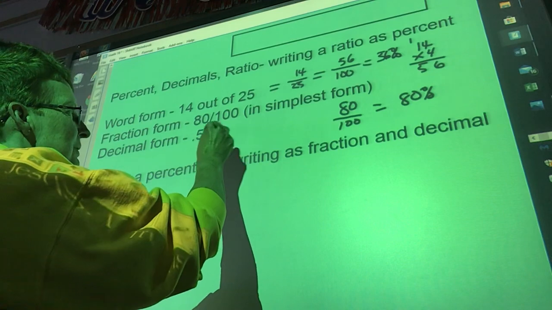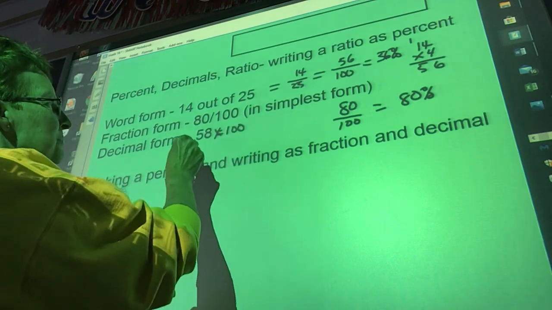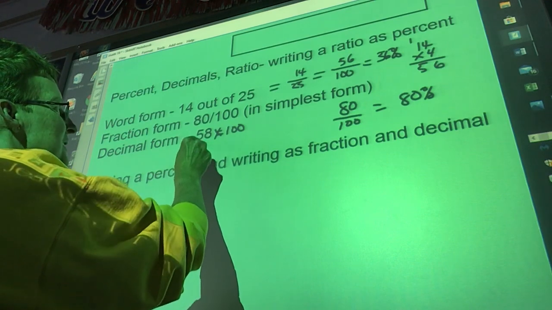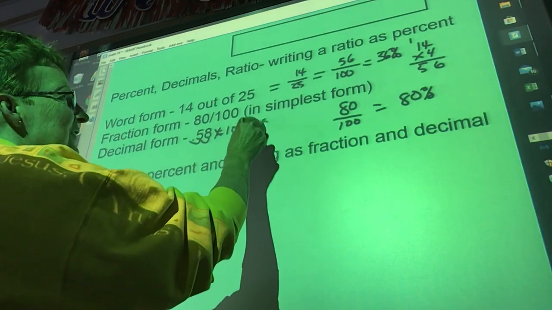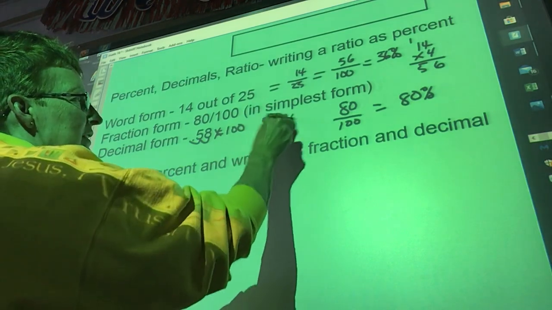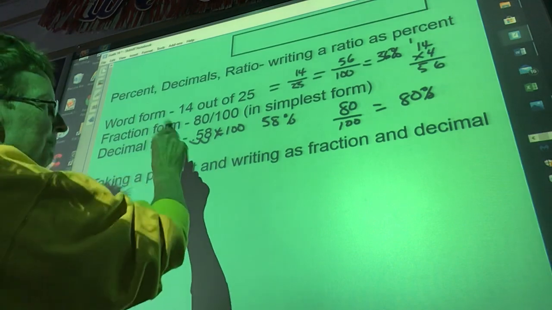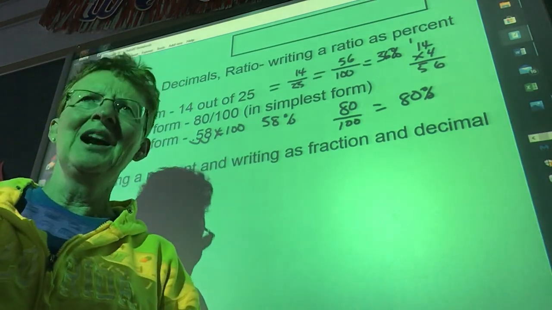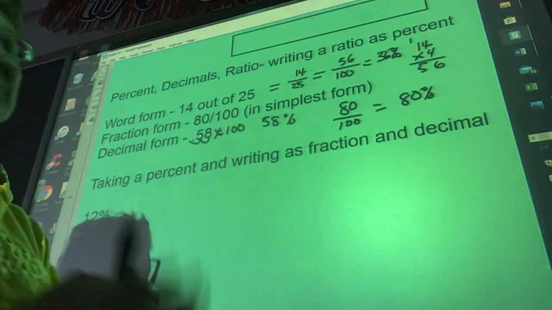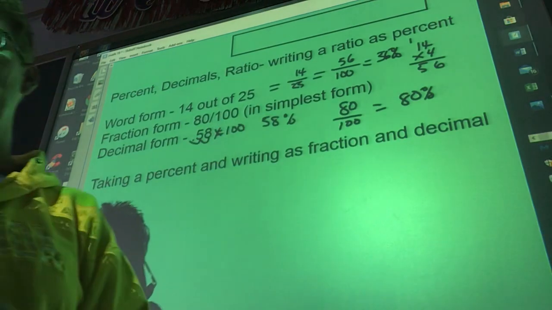So we're going to multiply times 100, which is basically moving the decimal over 2 places, 1, 2, and I get 58% for this problem. I have 0.58, or 58 hundredths, and that's the other way you can look at it. If it's in hundredths, you know that's the percent. So it's 58%.